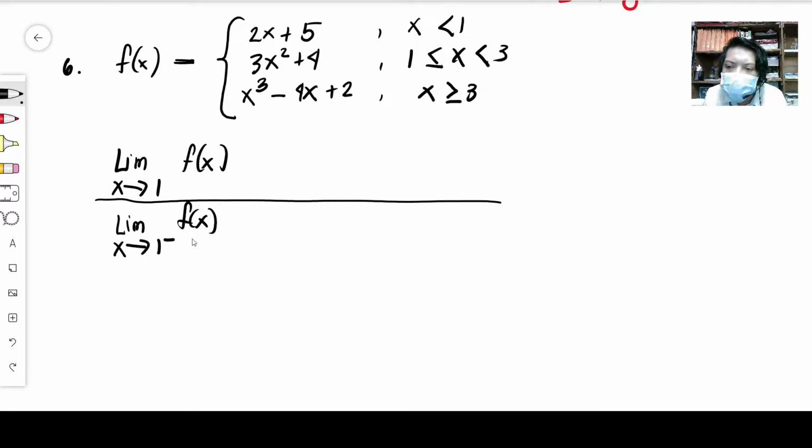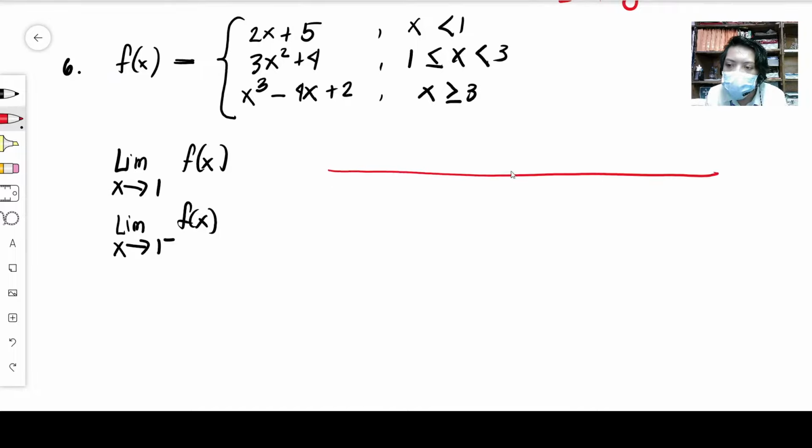So what is to the left of 1? Let me try to draw a number line: 1, 2, 3, 4. To the left of 1 is 0, and so on and so forth.